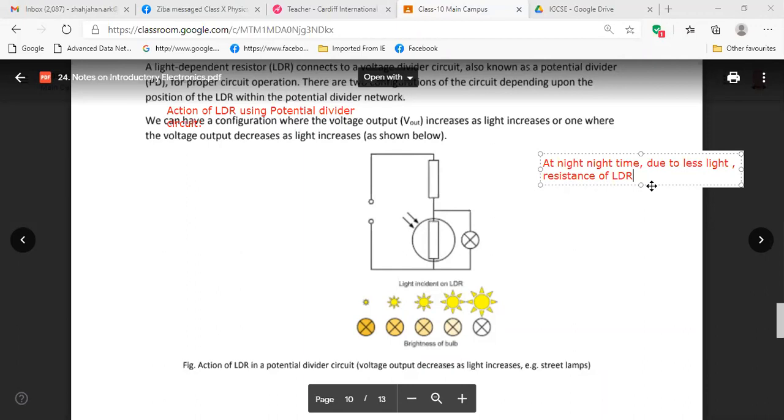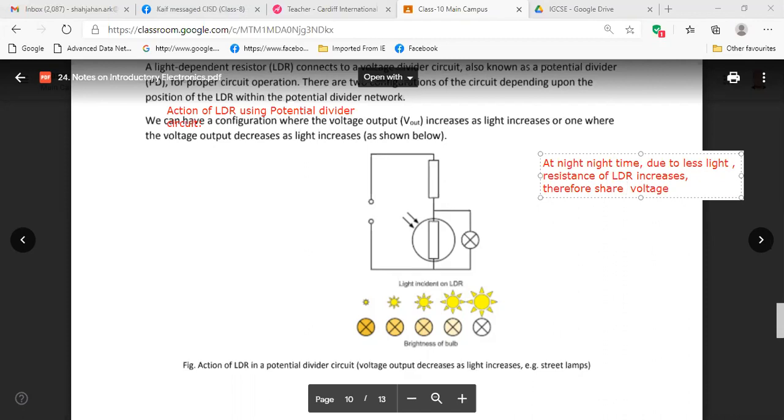Due to less light, resistance of LDR, what should it be? Increases, right? Yes, increases. Therefore, voltage share, that is more appropriate.